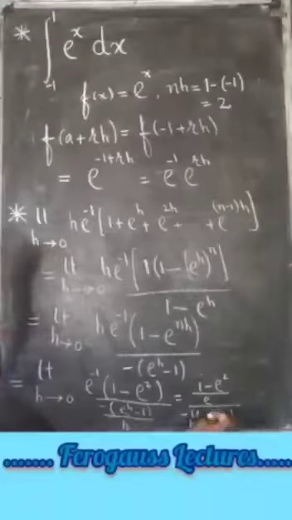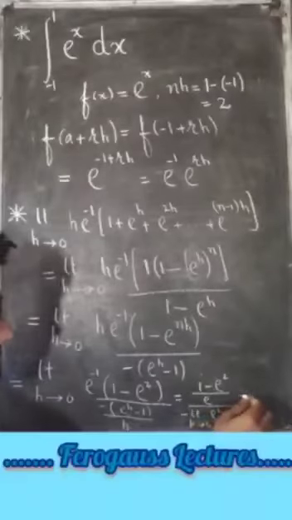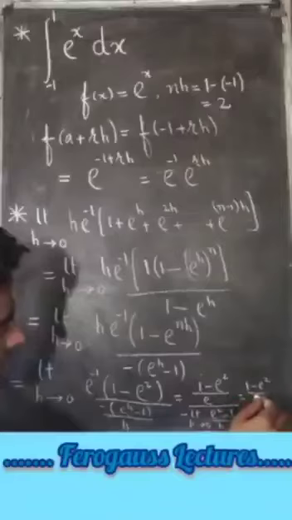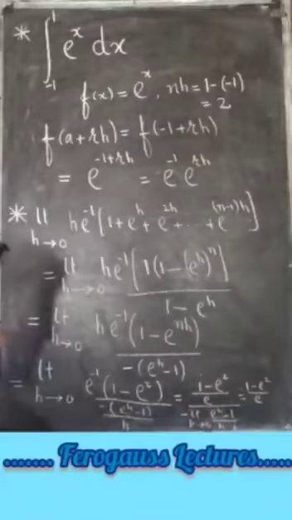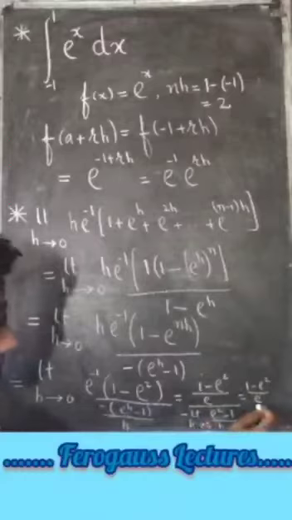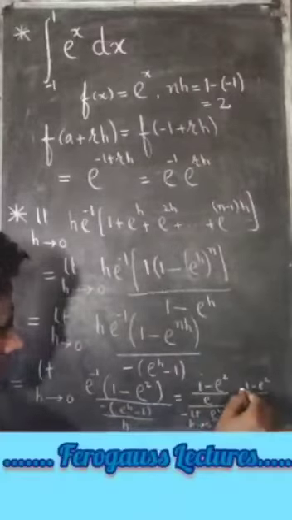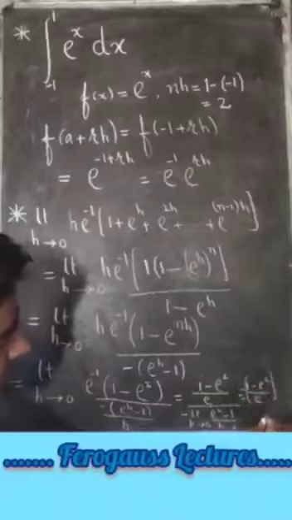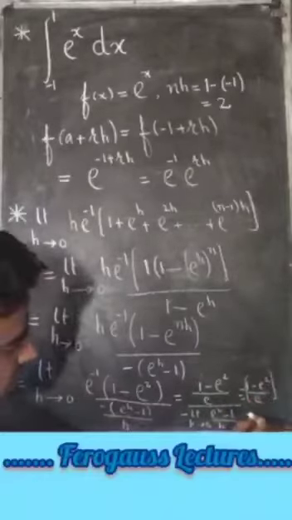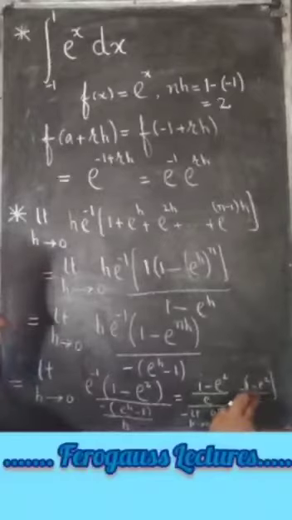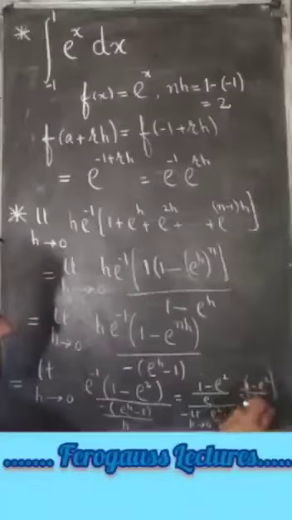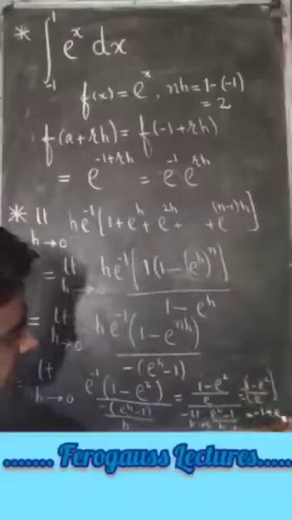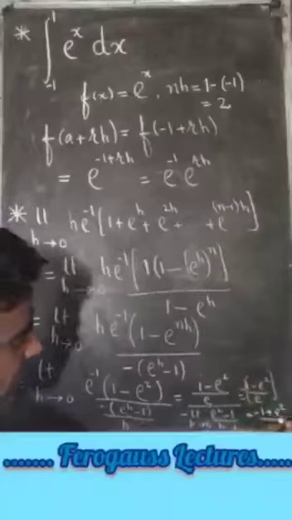So this limit is equal to 1, so we get 1 minus e raised to power 2 divided by e, whole divided by minus times 1, that is minus 1. So we can write it as minus times this. Okay, which is further equal to minus 1 plus e square divided by e.